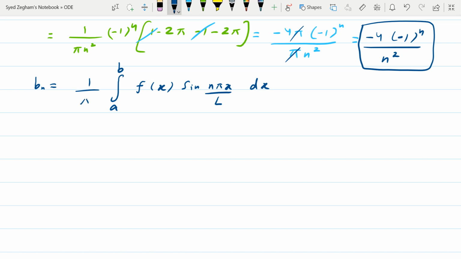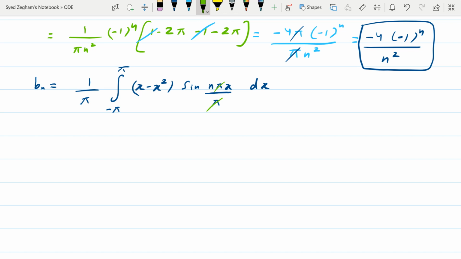L is equal to pi, f(x) is equal to x minus x square, a is equal to minus pi, and b is equal to pi. And this pi will cancel with this pi. So it will become sine nx.